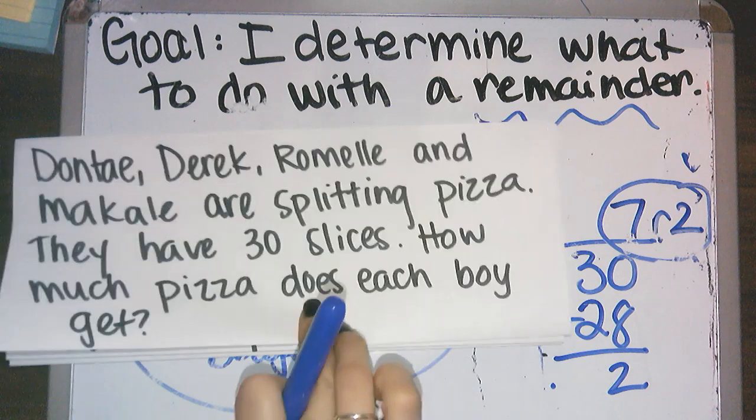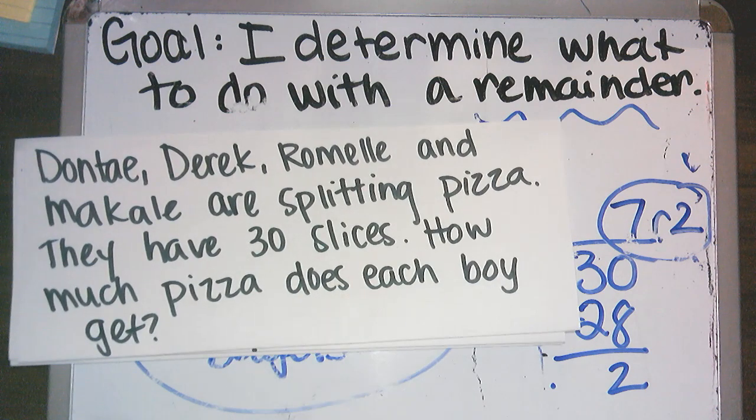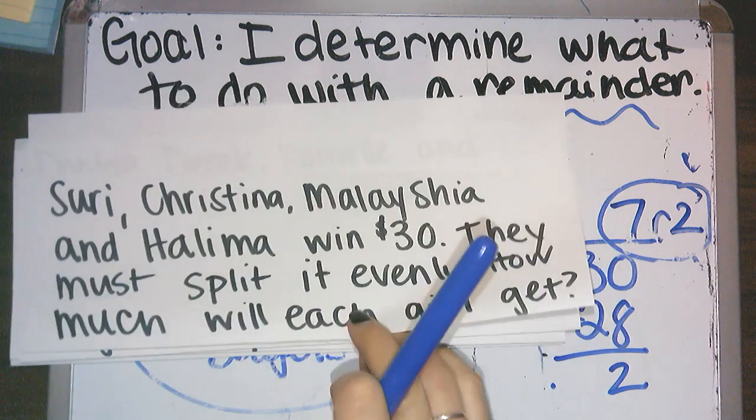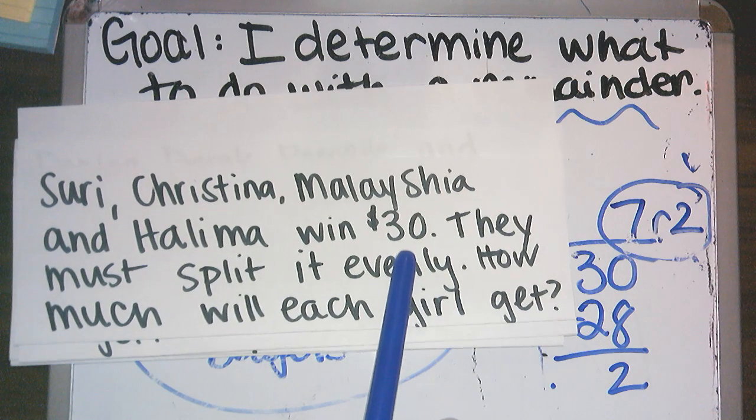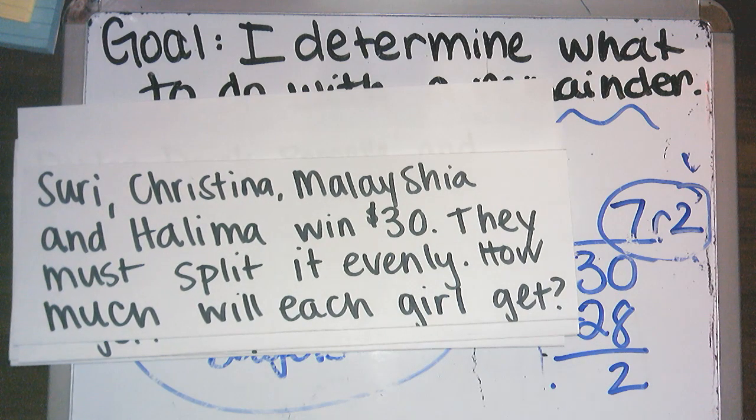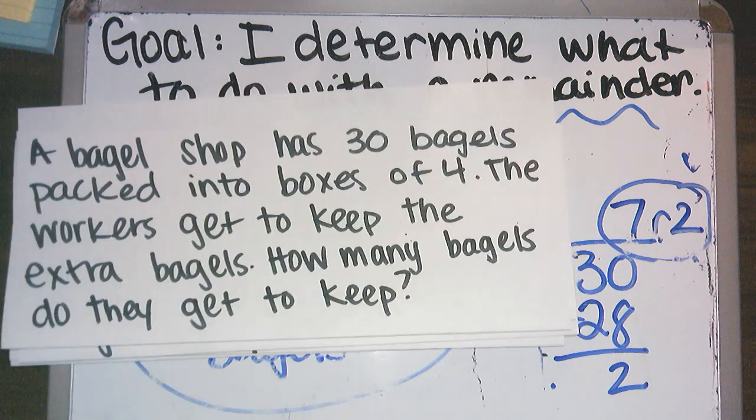Here, we split those 2 pieces of pizza, our remainder, in half so that everyone was able to eat all of the pizza. Here, we split our dollars so that $2 didn't go to waste. And here, the remainder was our answer. So there's lots of different things you can do with your remainder, which is why you need to pay super close attention to your remainder when you're doing problems.